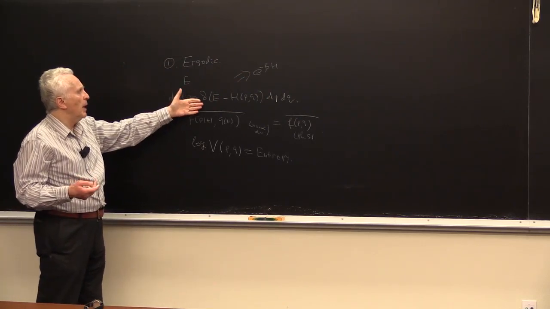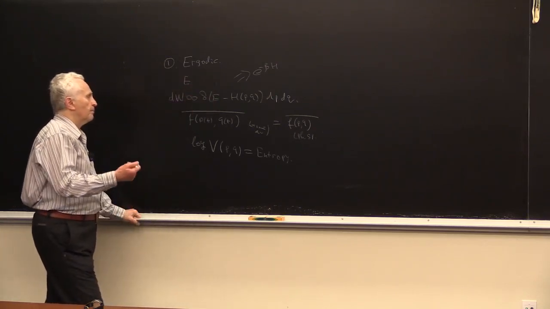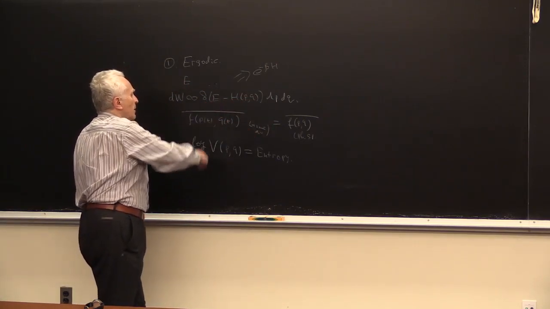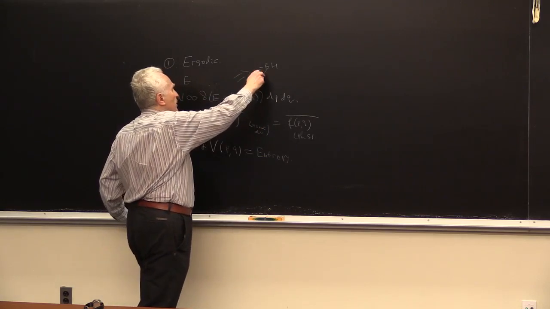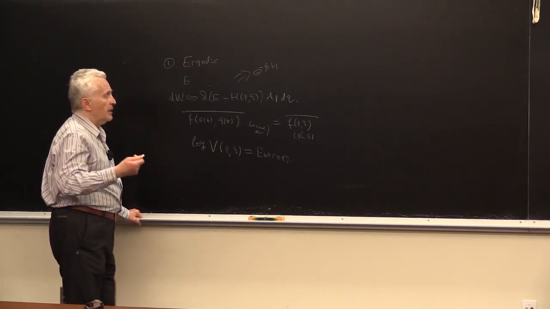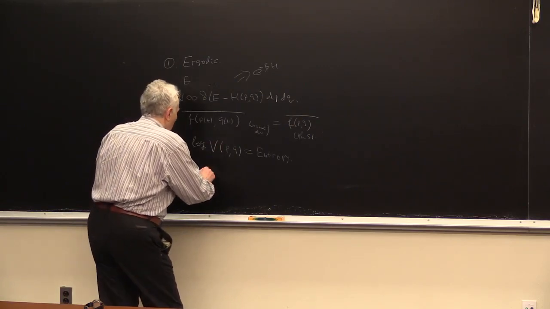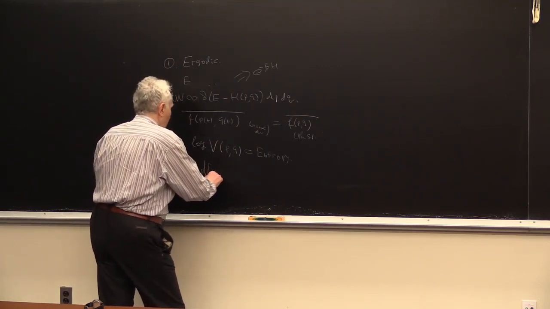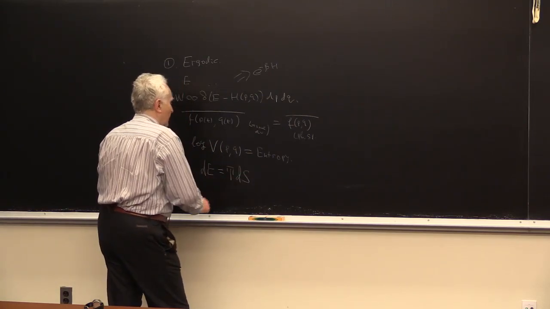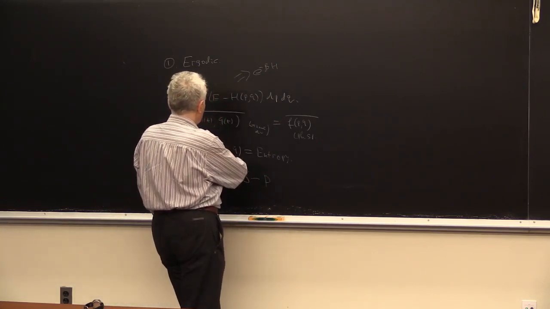That's a relatively easy part. It just uses the fact that we have many degrees of freedom, and you can reduce this calculation to the calculation of this integral. And after you do this, maybe I didn't stress it enough, you will obtain the standard first law of thermodynamics: the differential of energy is temperature times the differential of entropy minus pressure times the differential of volume.